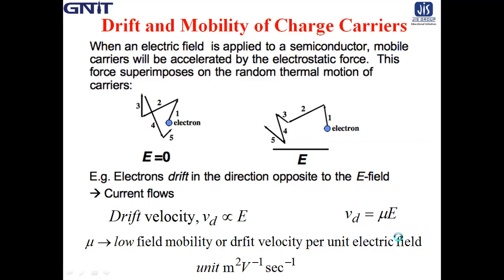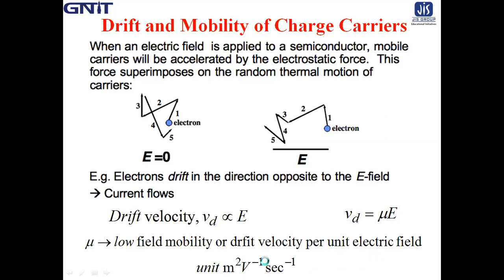This is a very, very crucial expression, where mu is called the constant of proportionality. Basically, it is the low field mobility, which is the drift velocity per unit electric field.